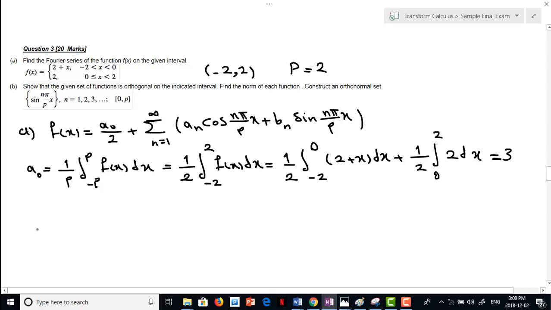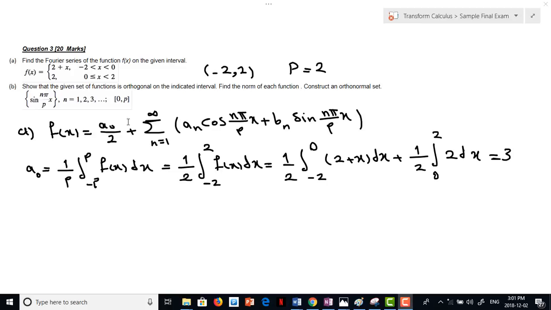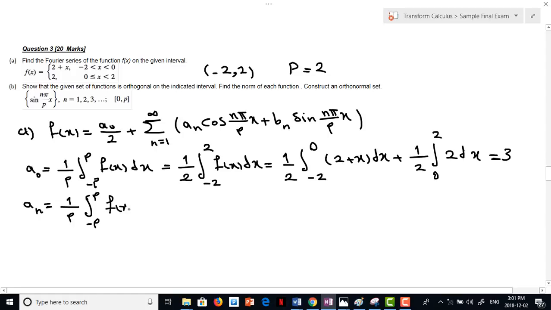Now we have to find an. Based on definition, an is equal to 1 over p, integral from minus p to p, f(x) cosine n pi over p x dx.